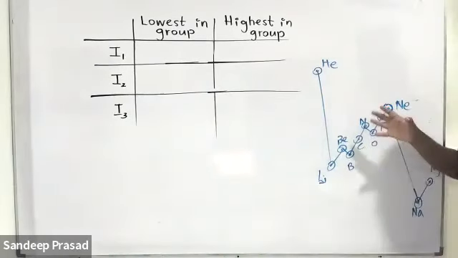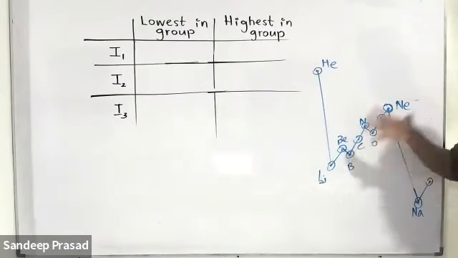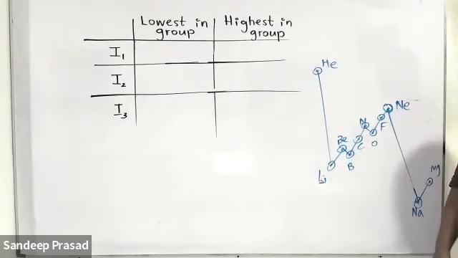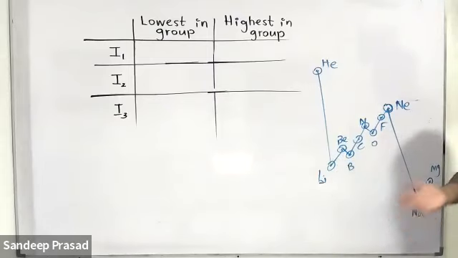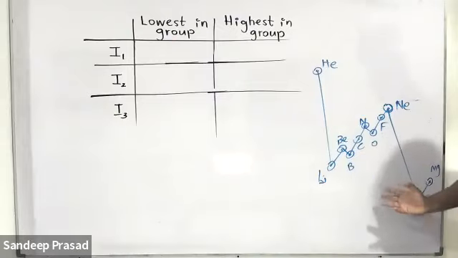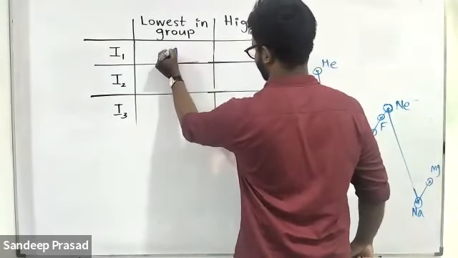According to this graph, when you're analyzing it, which group always has the least first ionization energy? Lithium and sodium belong to group number 1. Always lithium and sodium have the least ionization energy.